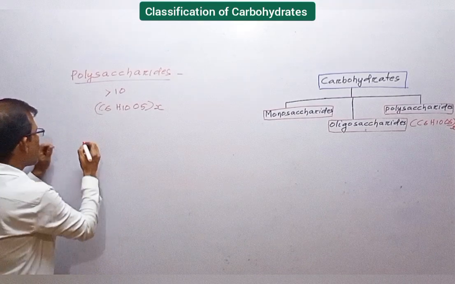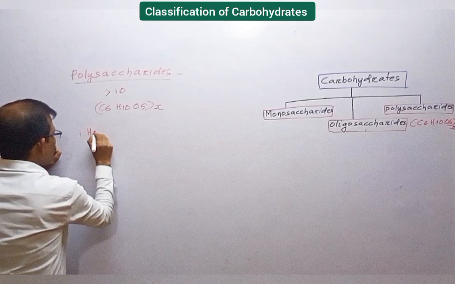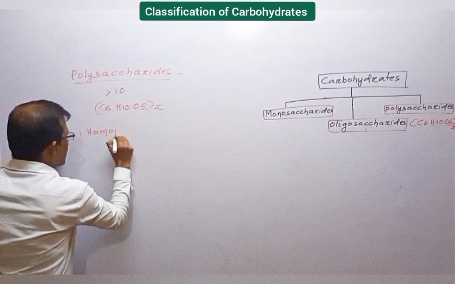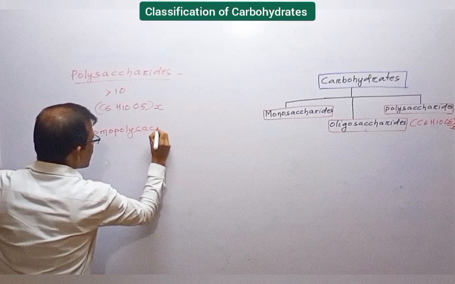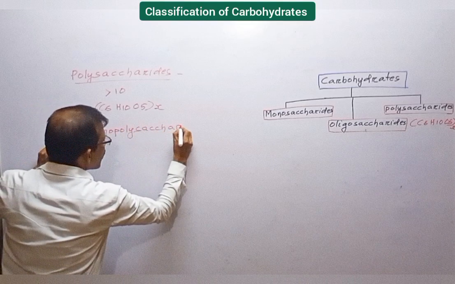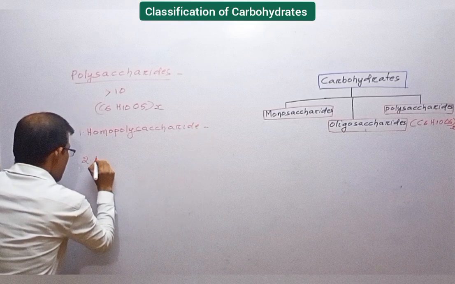Polysaccharides are subdivided into 2 different groups, such as homopolysaccharide and heteropolysaccharide.